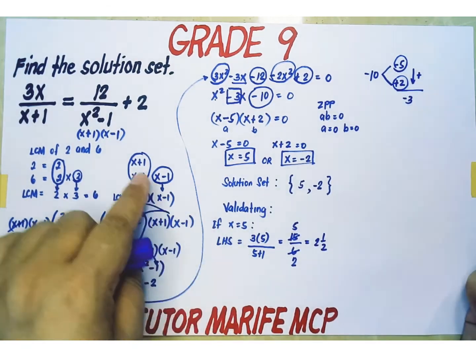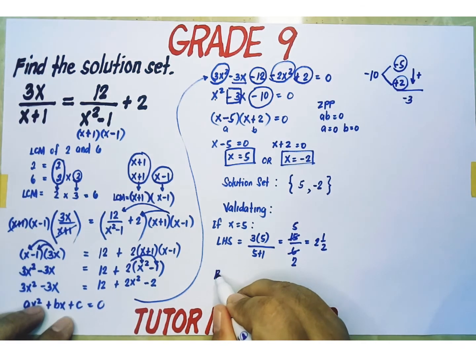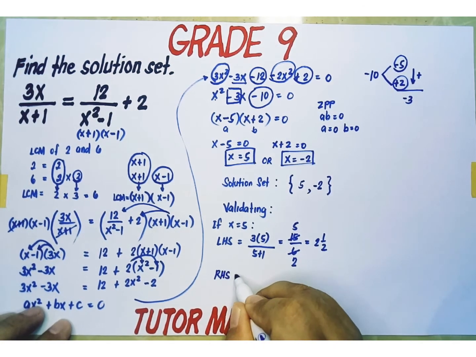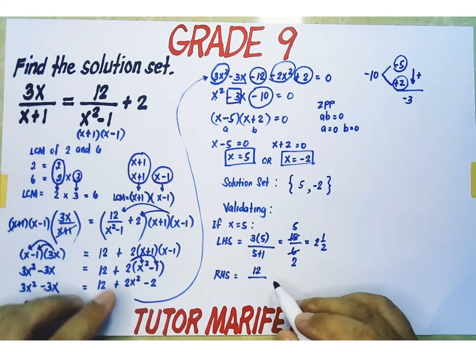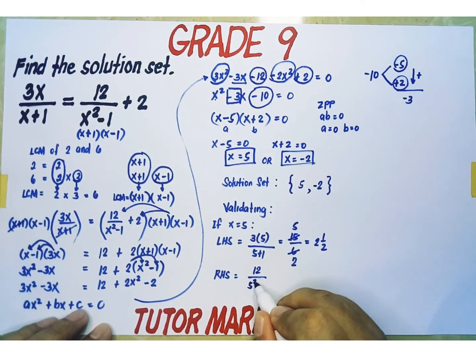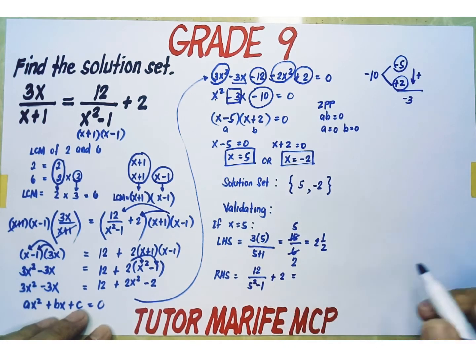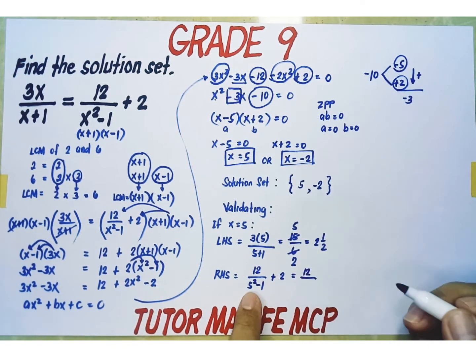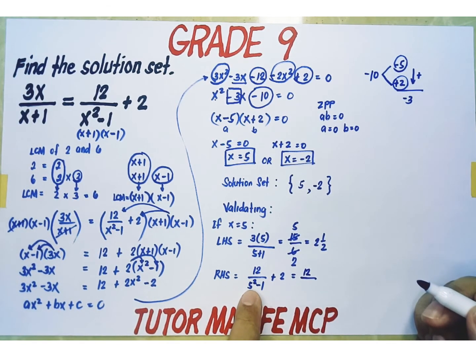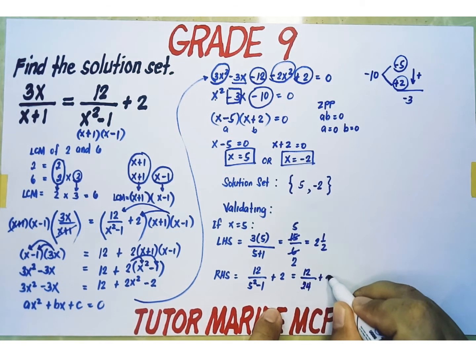Let's also plug in 5 into the right-hand side. So, right-hand side is equal to 12 over, replace x with 5. So, 5 squared minus 1 plus 2. And then we solve. We simplify. It's 12 over 5 squared is 25 minus 1, 24, plus 2.